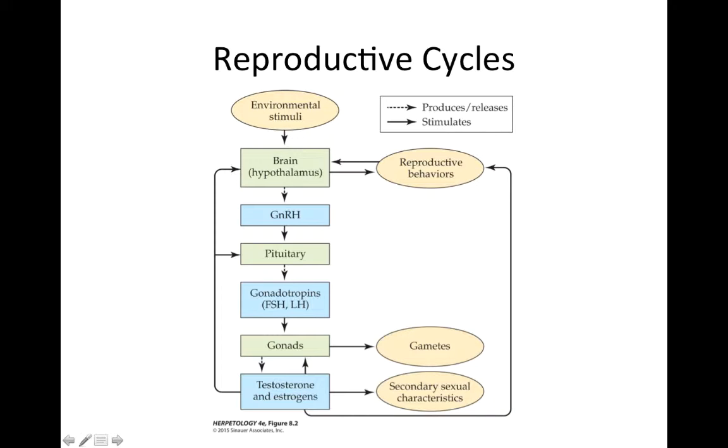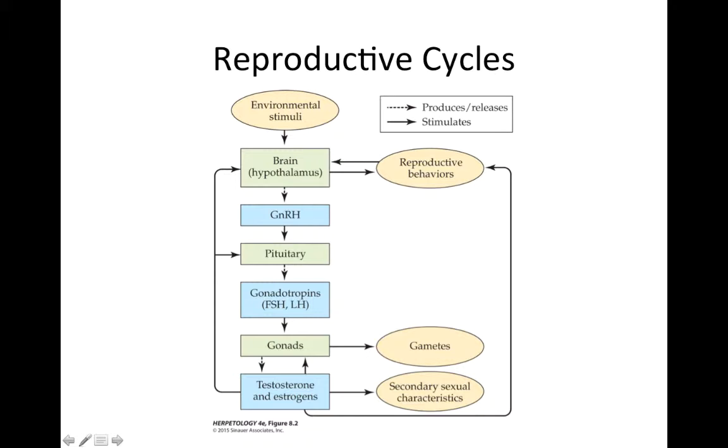The gonads ultimately are producing the gametes, and these gametes are then used for reproduction. These hormones that are produced by the gonads also are responsible for governing the development of secondary sexual characteristics. These secondary sexual characteristics in and of themselves can influence reproductive behaviors, but also the brain influences reproductive behaviors, and once again, that's going to be controlled by the hypothalamus.